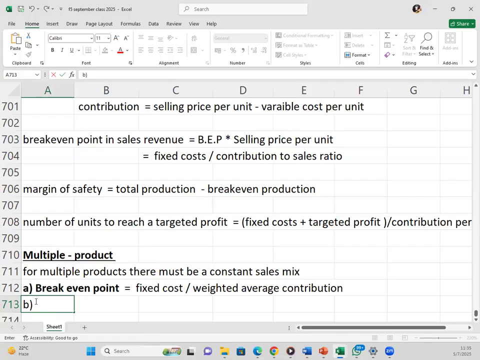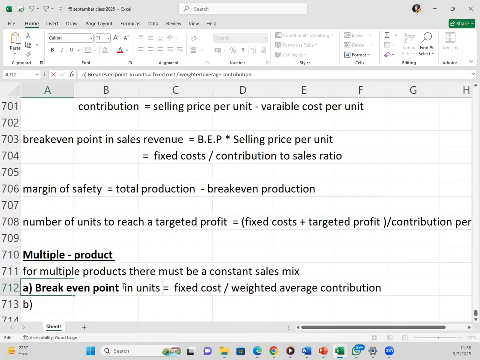That's getting the break-even point in units. Then the other one is the break-even point in sales revenue.